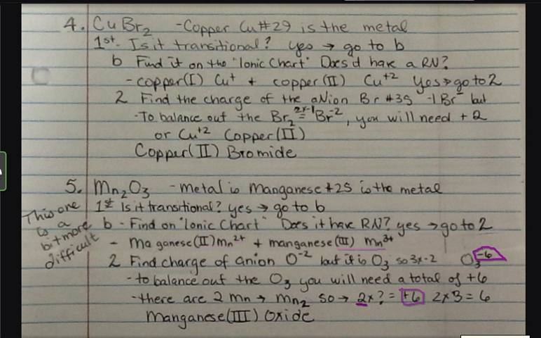We have 2 of these ions. So if we take 2 and multiply it by the 2, manganese 2, that would only give us a +4. That wouldn't be enough. So we know it has to be manganese 3. Because if we take 2 times +3, that gives us a +6. So that would balance out our -6 on our oxygen.